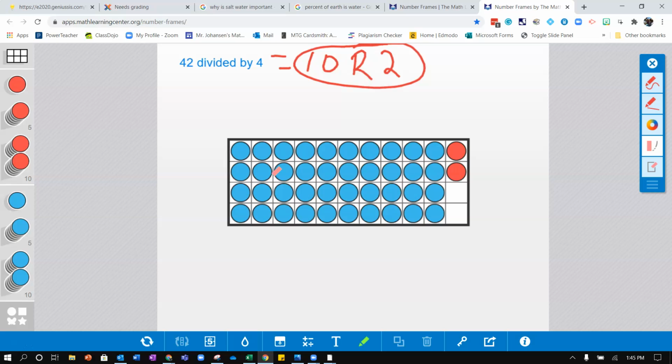There's 4 people. Everybody's going to eat the same amount. All the pizza's going to be gone at the end. So how many pieces does each person eat? Go ahead and pause the video and figure out how much pizza each person eats.